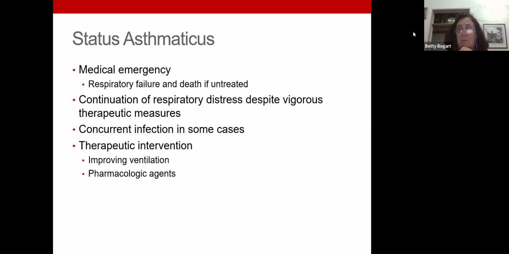Whoever can keep them calm, however they can keep them calm. If mom has to climb in bed with the child on top, do whatever you have to do. No matter what you do, they're not ventilating. Most of these children will end up intubated. I was lucky because I could calm my husband down and he never needed intubation.